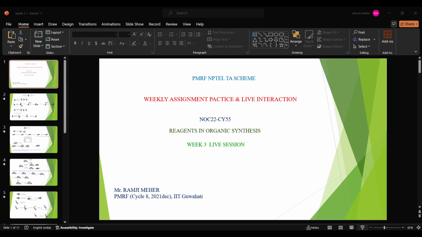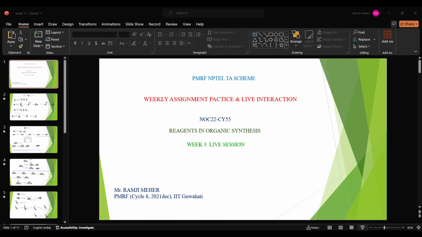What I told in the last two classes was mostly based on oxidizing agents and their applications, and how you will use different kinds of oxidizing agents when you have two or three different functional groups, and how you will oxidize selectively only one.